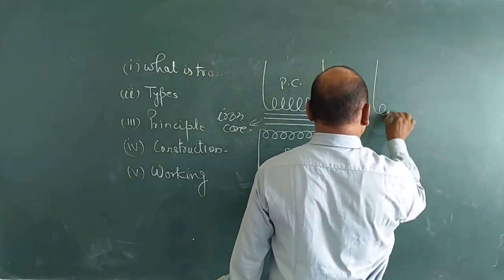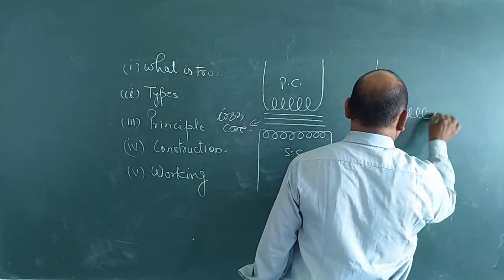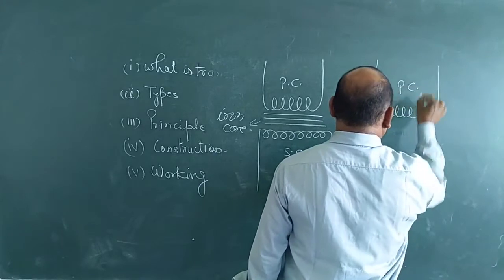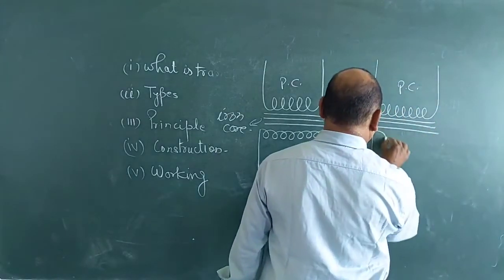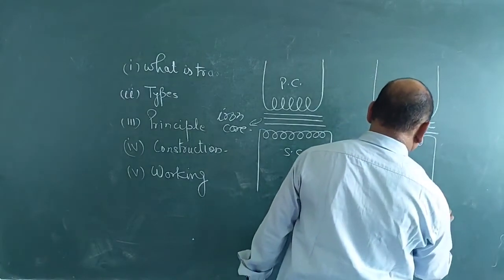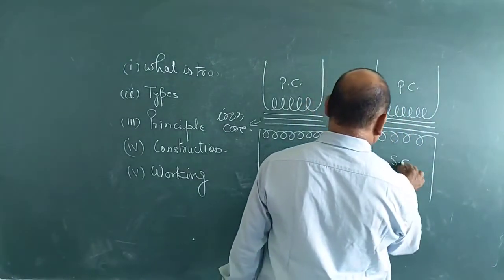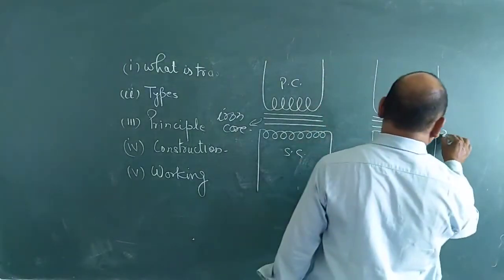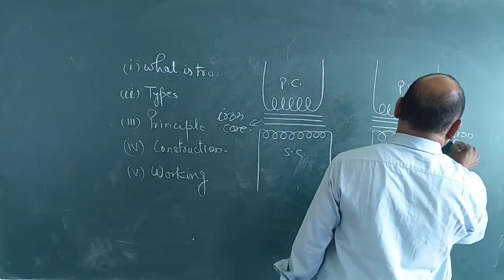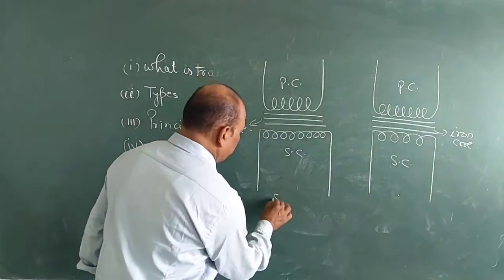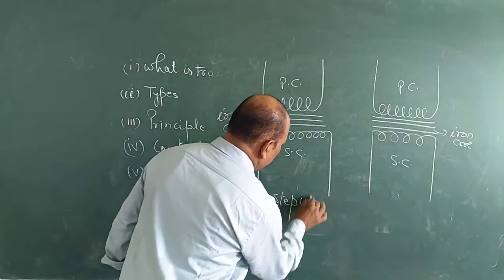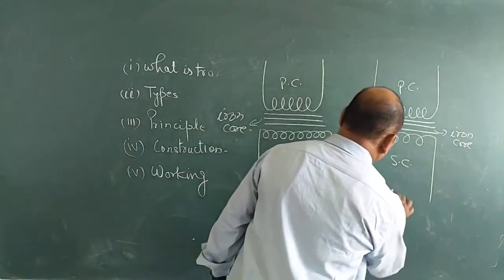Similarly, if the number of turns in the primary coil is greater than the number of turns in the secondary coil, here this is the iron core. So this is the symbol of a step-up transformer, and this will be a step-down.